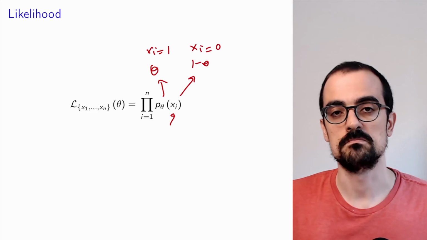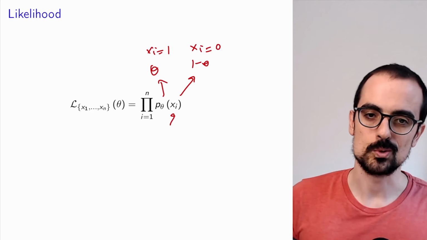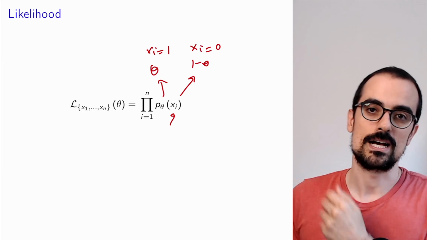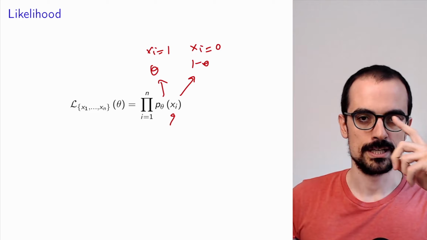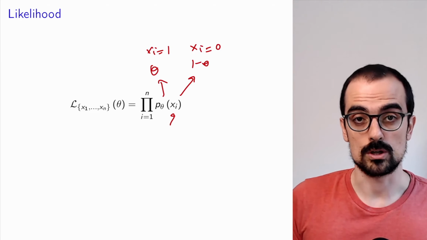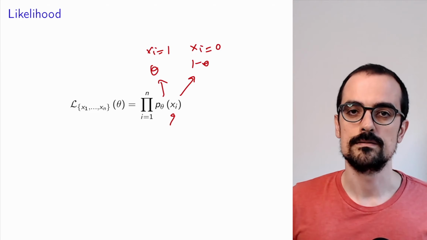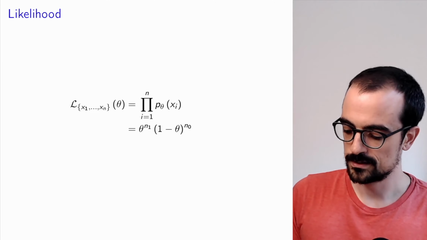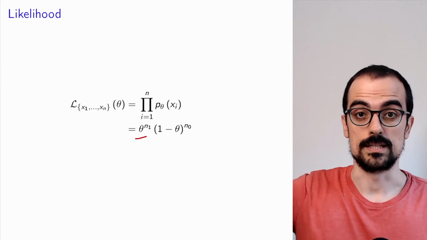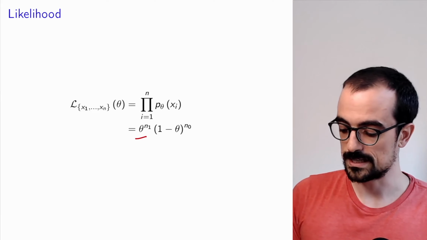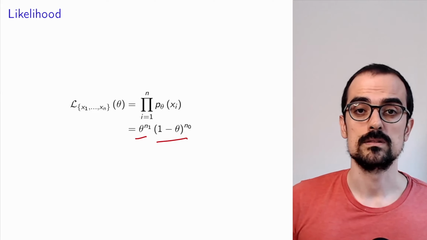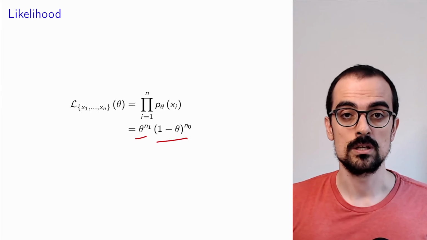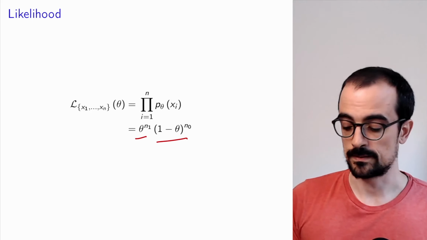So if we have, I don't know, 10 data points that are equal to 1, we're going to multiply theta 10 times. And if we have 5 data points that are equal to 0, we're going to multiply 1 minus theta 5 times. So basically, we have theta to the power of the number of 1s and 1 minus theta to the power of the number of 0s. And that's the likelihood function for this data.